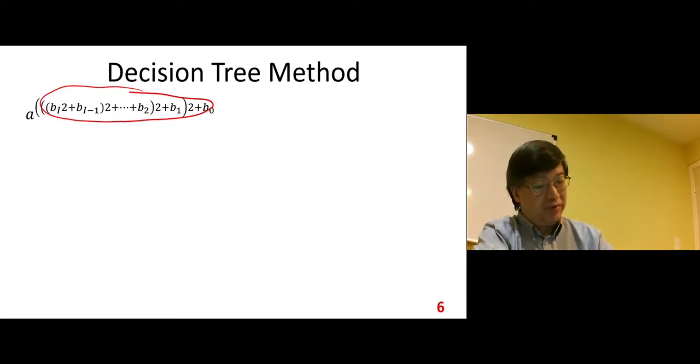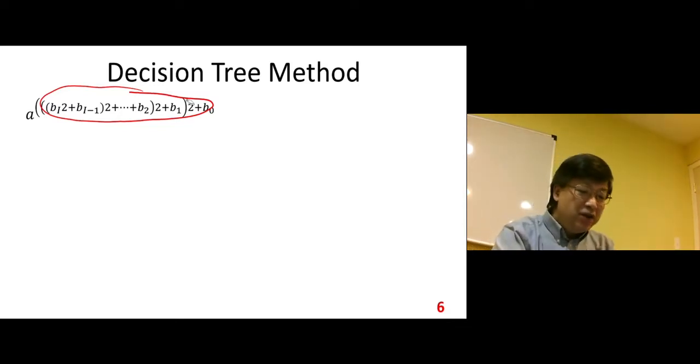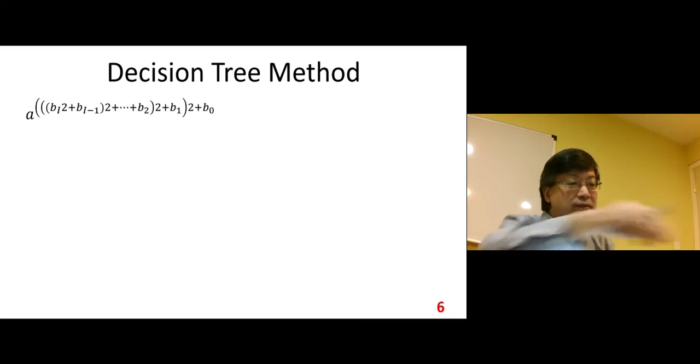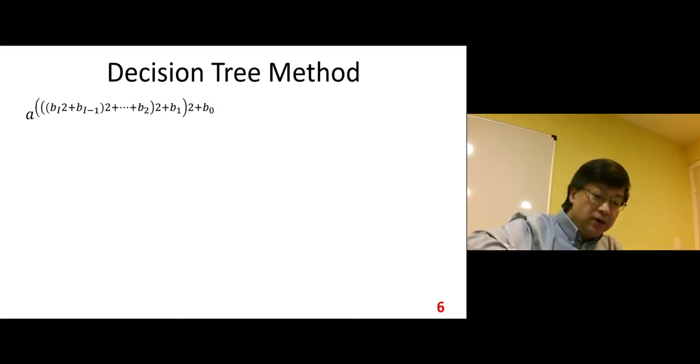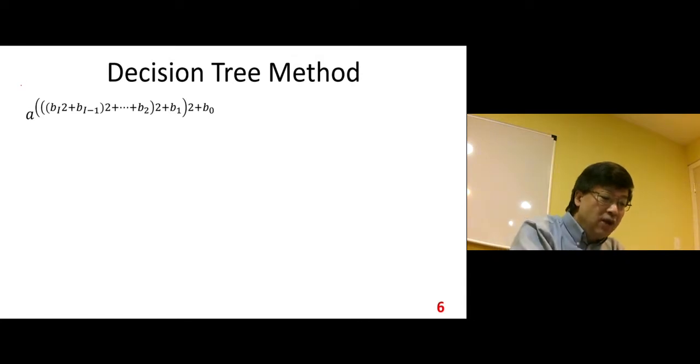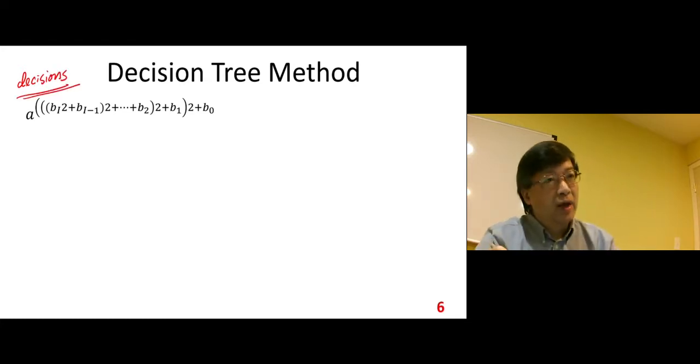Here, look at how many decisions we need to make. At every step we need to make a decision, right? So here, let me point out the decisions. Otherwise, you cannot see where the decisions are.